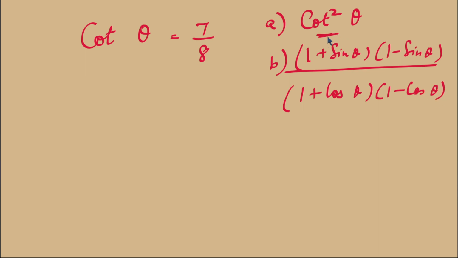First let's deal with cot squared theta. Cot squared theta is just cot theta the whole squared. It is cot theta multiplied by cot theta. So we can deal with this like any numerical value or a variable, because cot theta is finally going to take a numerical value.